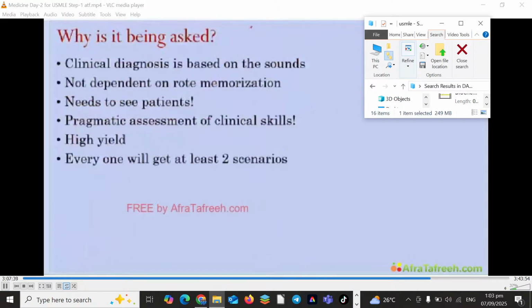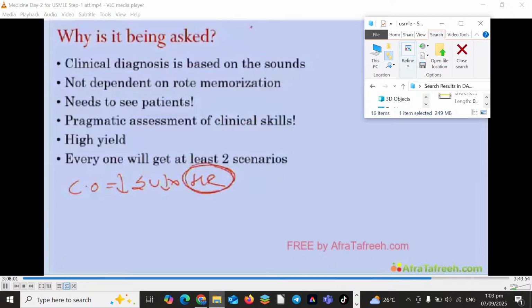Every heart failure in this world should have tachycardia. Cardiac output is equal to stroke volume into heart rate. If the patient is having heart failure, stroke volume is very low. To maintain the cardiac output, you require heart rate. So heart rate is increased.